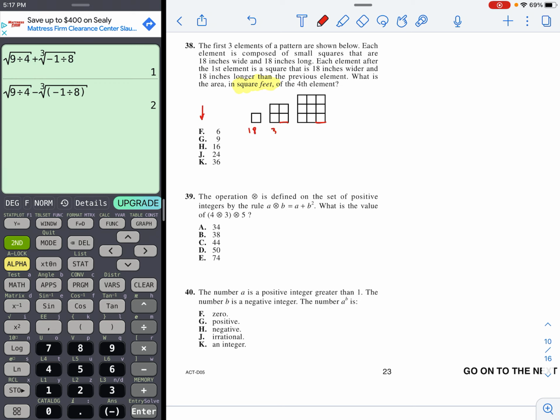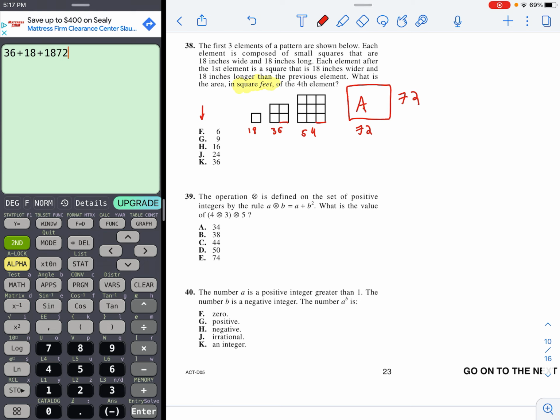The trick here is to say, okay, this is 18 inches long, this is 36, add another 18 here, and we'd have 54, plus another 18, we'd have 72. So this final square is 72 inches by 72 inches.